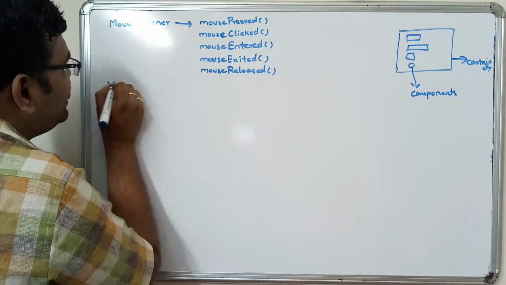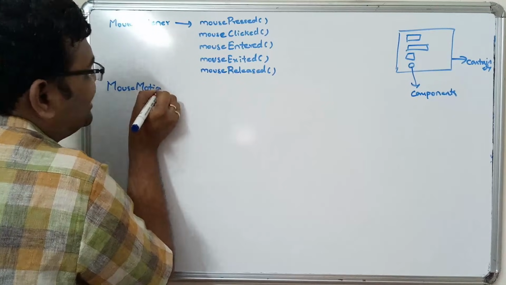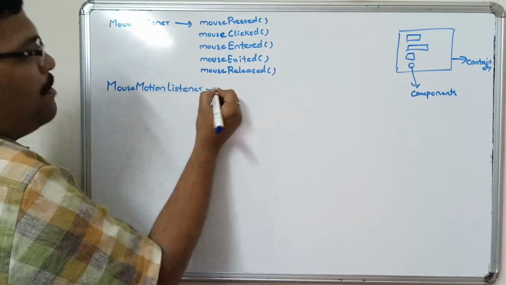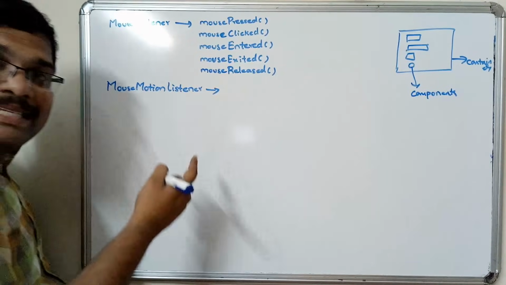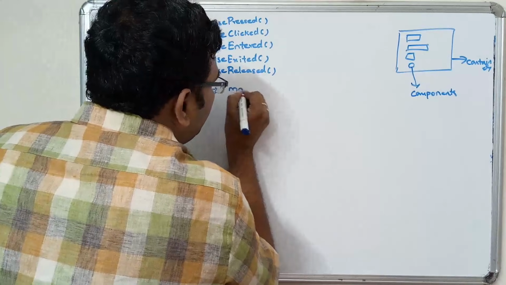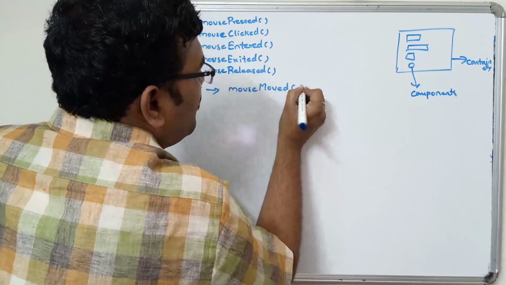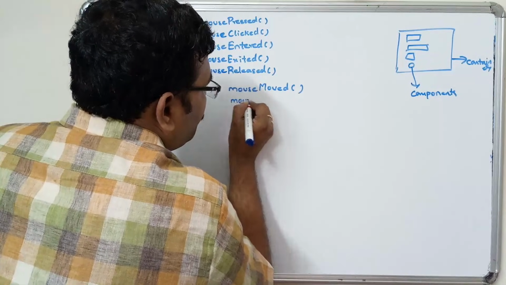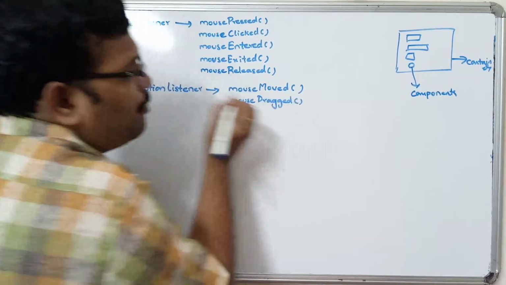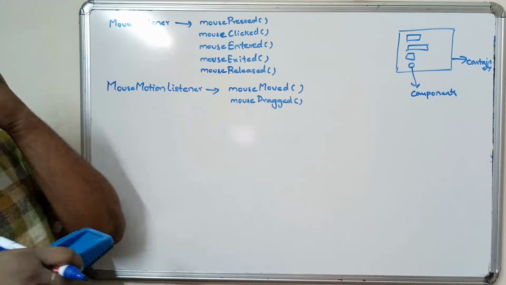There is one more listener for the mouse movements, that is mouse motion listener. It will handle two methods, mouse moved and mouse dragged, moving and dragging, right?